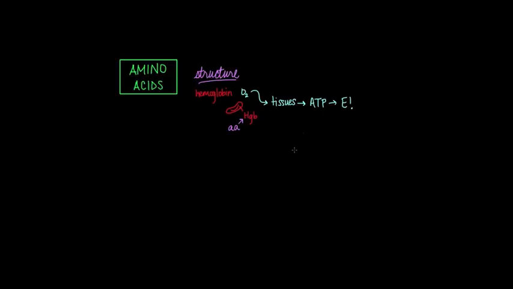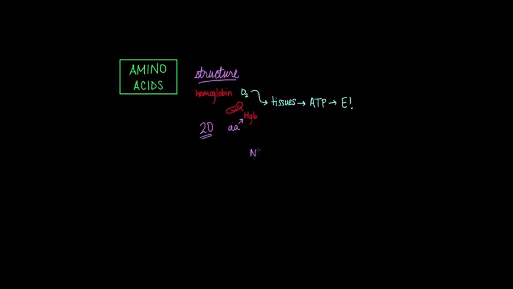Sticking with the car analogy just a little bit longer, just like we have different types of components that come together to form different types of cars, whether it be a Porsche or a Prius, what have you, you can have different types of amino acids, and there are 20 of them, to be exact, that can come together to form countless different types of proteins. Now that you have an idea of where amino acids fit in this bigger picture of a metabolic process, let's take a closer look at what the actual structure of an amino acid is.